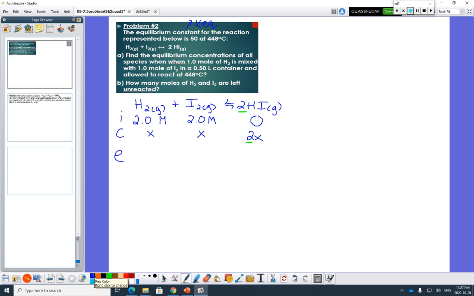Now you need to decide which one's going to increase and which one's going to decrease. Can you go 0 minus 2x? No, you can't go down from 0. It has to shift to the right in order to make some hydrogen iodide because there isn't any. So this one has to increase and these two have to decrease.